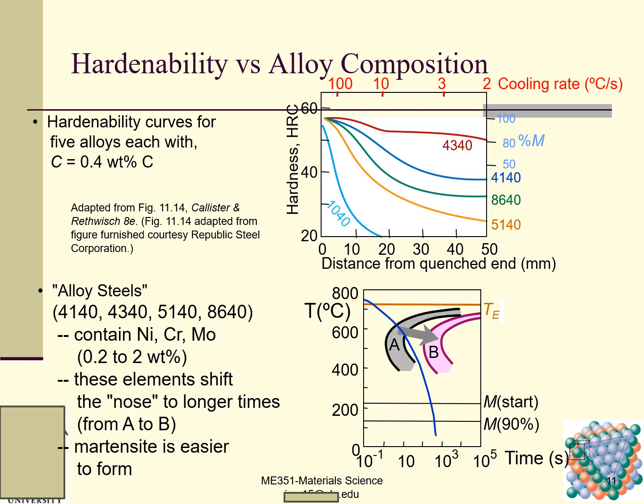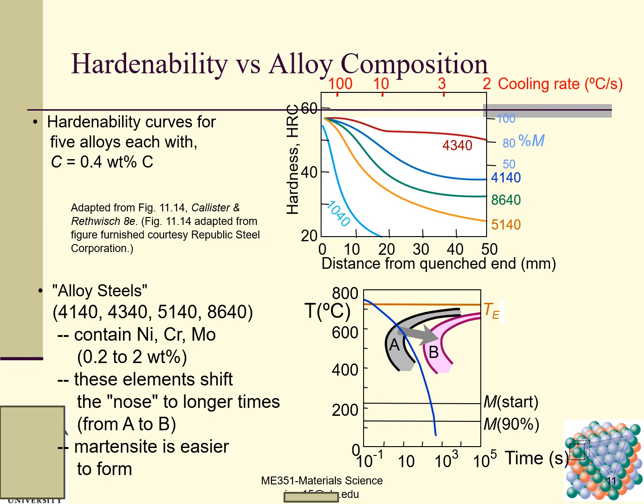This is for alloy steels: 4140, 4340, 5140, along with 6040. They contain nickel, chromium, molybdenum, 0.2 to 2 weight percent.